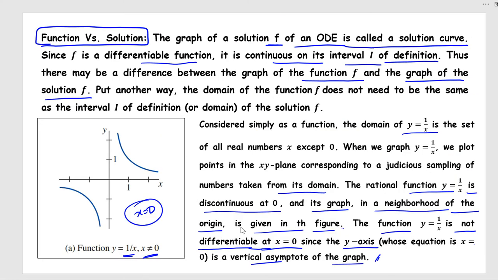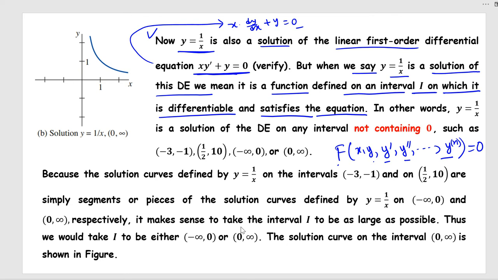So that is why there is a difference between the function f and the solution f. A function can be defined where the derivative does not exist, for x equals 0. And then the solution f can be defined in several intervals.